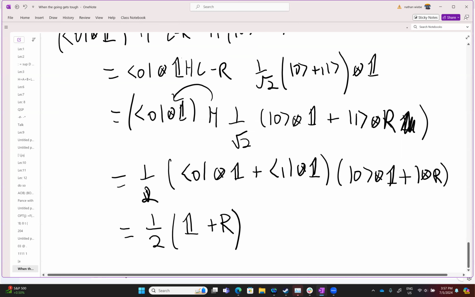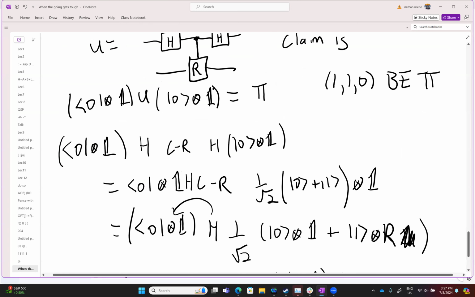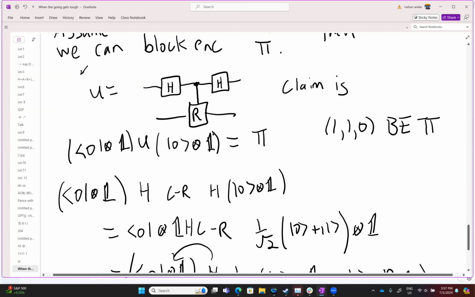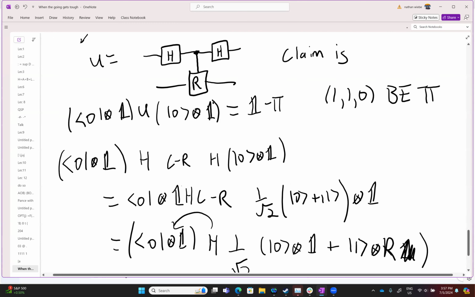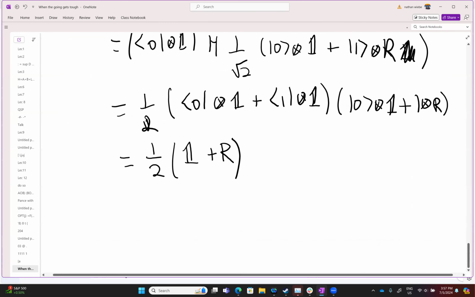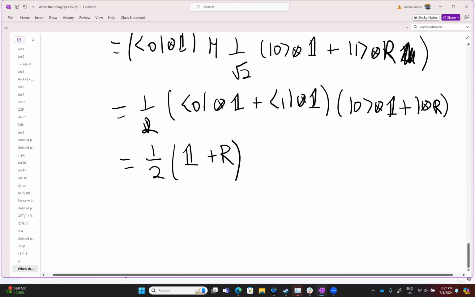Okay, my apologies. This shouldn't be pi. This should actually be identity minus pi, and the block encoding that we'll end up seeing is the opposite.